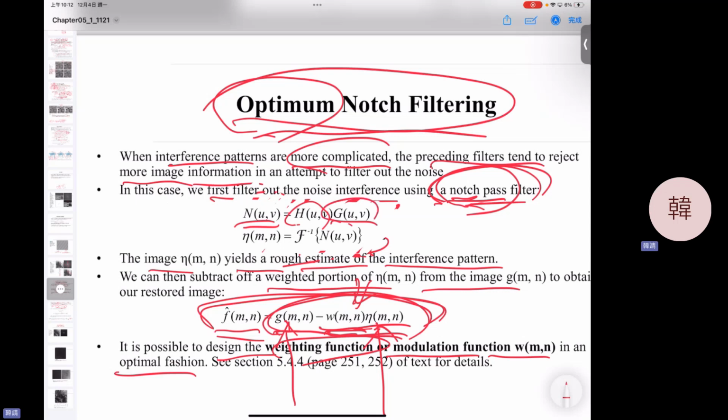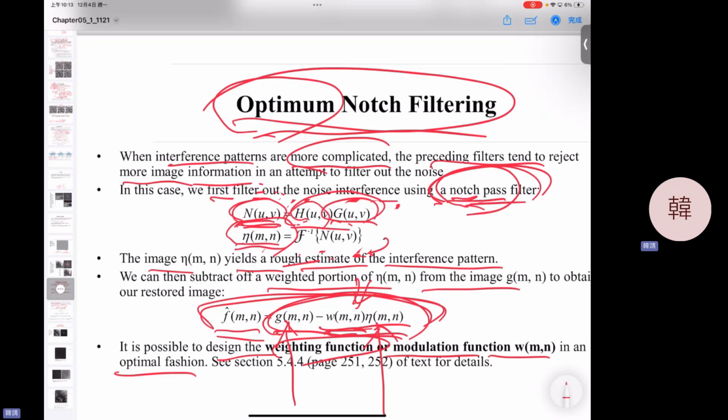G is the image degraded by some additive noise. We make a guess at what kind of noise it is, so you just take out the noise spectrum, because your notch pass filter only filters out the noise spectrum. To look at the noise content, you take the inverse Fourier transform. So η(m,n) is your supposed additive noise from your observed image.